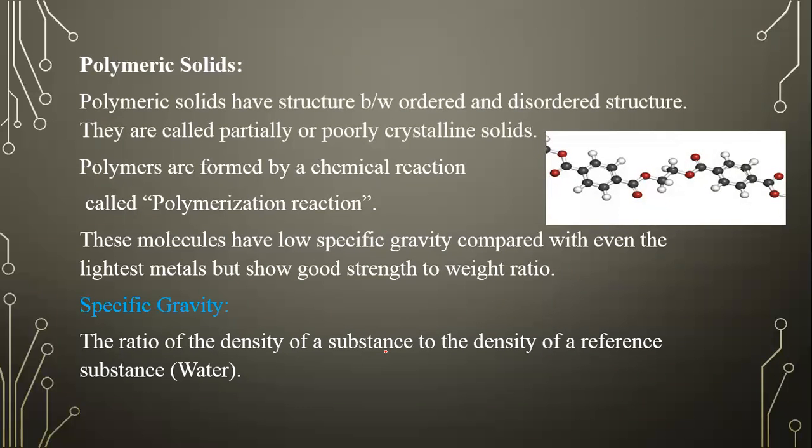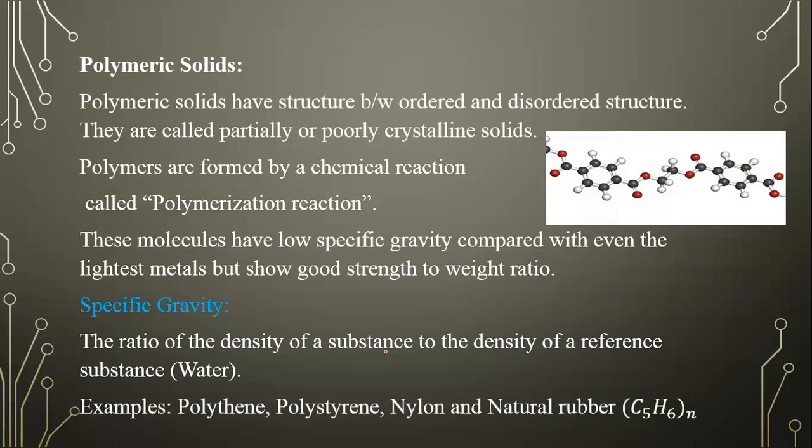So the ratio of density of a substance to the density of a reference substance is known as specific gravity, and polymers have low specific gravity but they can show good strength to weight ratio. यानी इनका अपना weight तो कम होगा but they can show good strength. So these are called polymers and their examples are polythene, polystyrene, nylon and natural rubber. These are examples of polymeric solids.